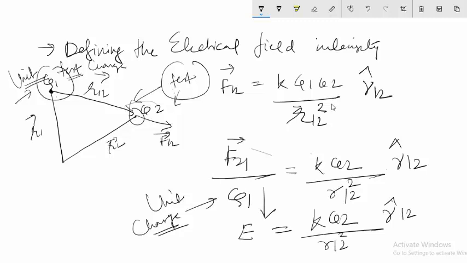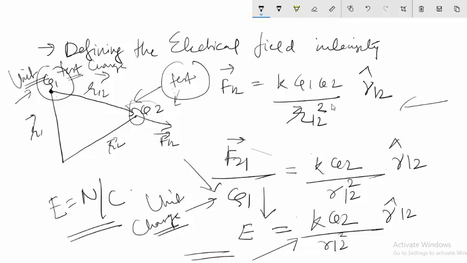This is the electric field intensity felt on this unit charge due to the charge Q2. This is the equation of electric field intensity due to a point charge, and the unit of E is Newton per Coulomb. That's moving one step ahead, to how to find the electric field intensity due to a point charge.